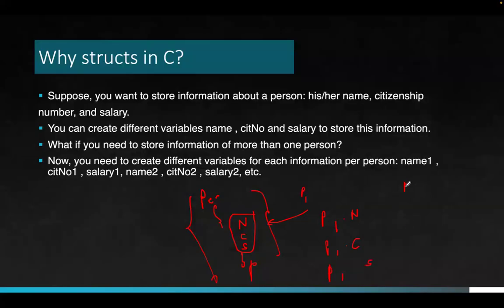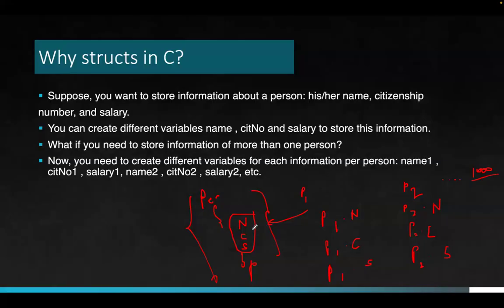Now for the second person P2, the same structure gets taken, and P2.name, P2.citizenship, and P2.salary. Like this, you can create all 1,000 people's data using these simple three structure variables.